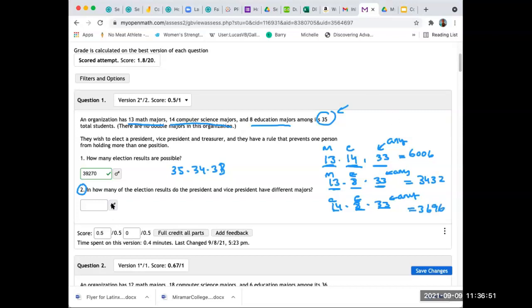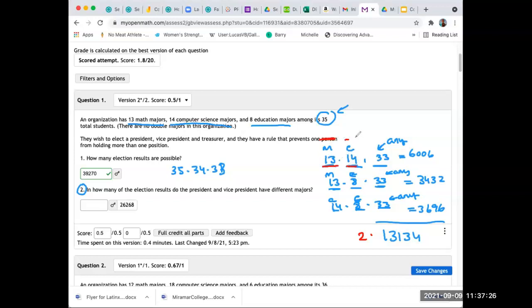All right. Okay, so let's add these up. So 6,006 plus 3432 plus 3696. I got 13134. Okay, so we need to double this because I did math and computer science, but because they're president and vice president, they're not interchangeable.